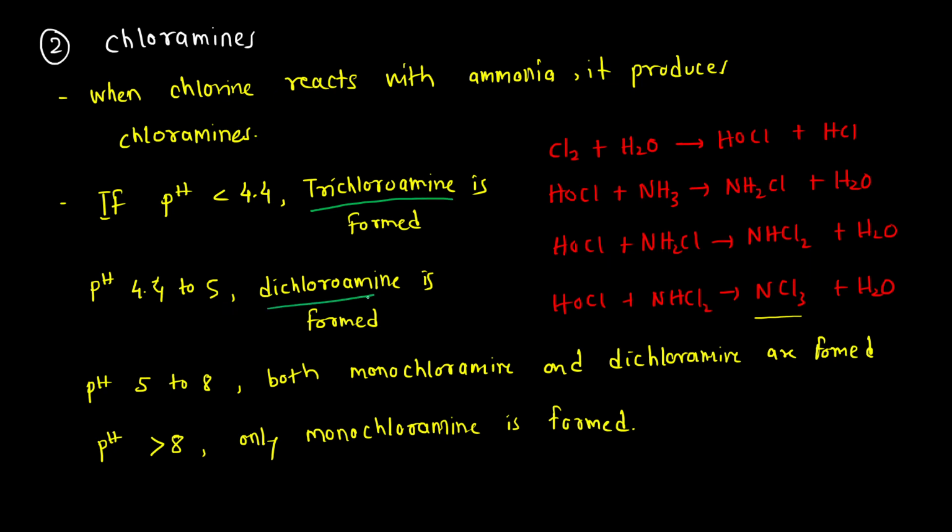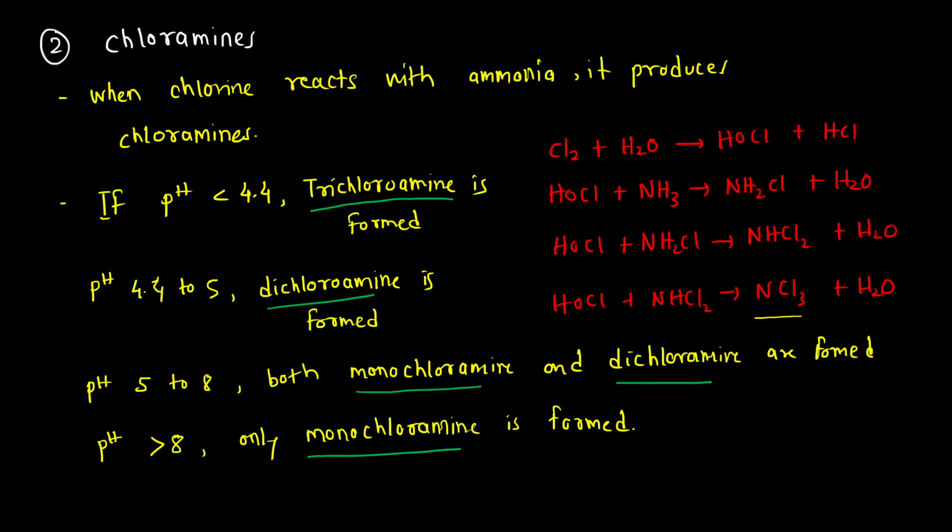Now among these four, just by the information that you have been collecting from the previous videos, can you tell which of these you think is the more powerful disinfectant? See, for disinfection we have to kill the disease causing microorganisms. When it comes to the pH value, what should be the pH value so that maximum amount of microorganisms get killed? So the pH value should be greater than 8.5, or we can assume it as 8. So when this pH is greater than 8, then only monochloramine is formed.